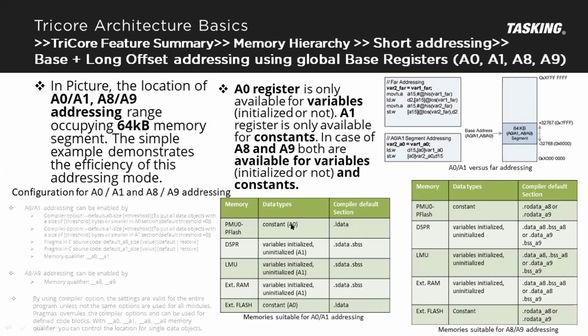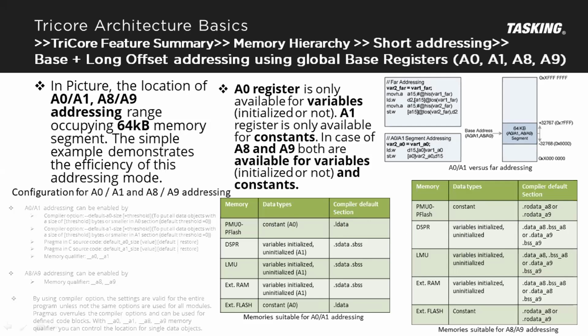A0 is specifically for constants, so this address register A0 will be used to reference constants. And A1 is for the variables, whether they are initialized or not. Again, these are the compiler sections that are generated from the linker at the end inside the map file. We will cover this, by the way, in the second part of the webinar tomorrow.